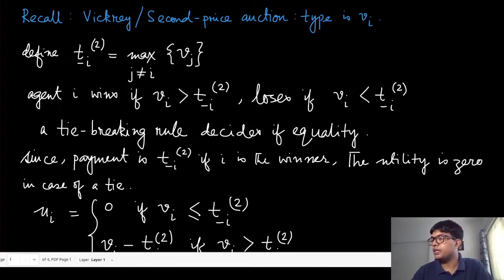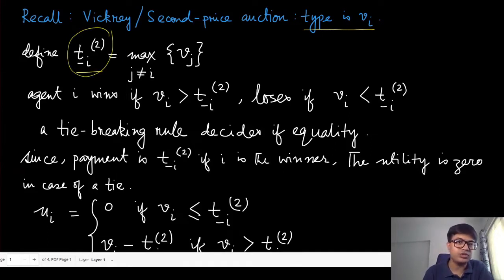So the types in that case were v_i for all these agents, and let us define, when we are looking at agent i, the maximum value of all the other agents except agent i. That is defined as t_{-i}^(2). The 2 stands for the second bid. This will be the second highest bid when i is the highest bidder.